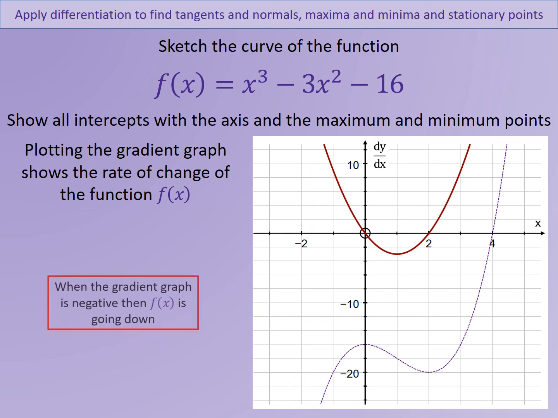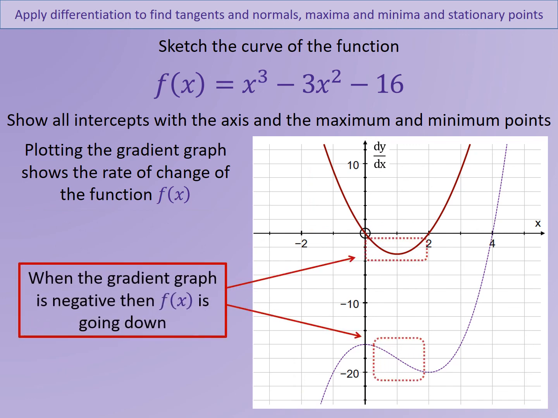Similarly, if I look at this section here, which is where the dy by dx, the gradient function, is less than 0, where the gradient is below the x-axis, where the gradient is negative, you can see that on the actual original graph, the gradient is negative between those two stationary points.